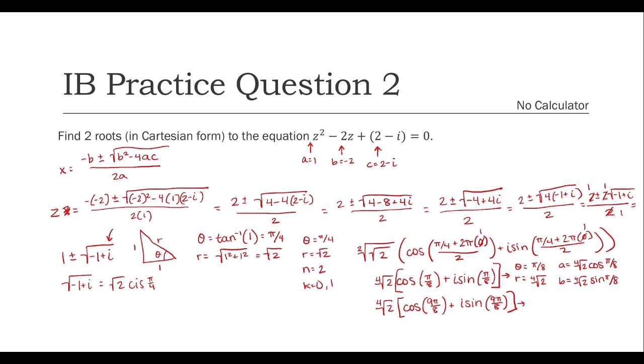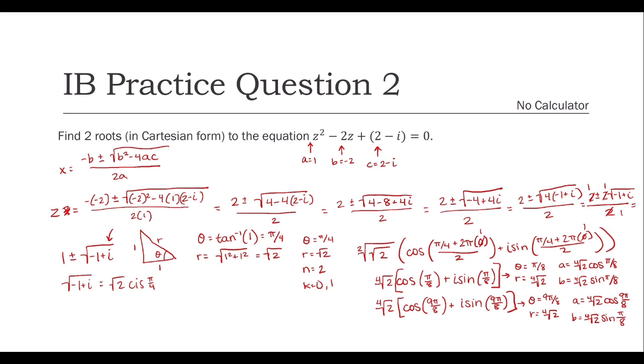For the second one, theta is 9 pi over 8, and the radius is the fourth root of 2. So our a value is the fourth root of 2 times the cosine of 9 pi over 8. And our b value is the fourth root of 2 times the sine of 9 pi over 8.